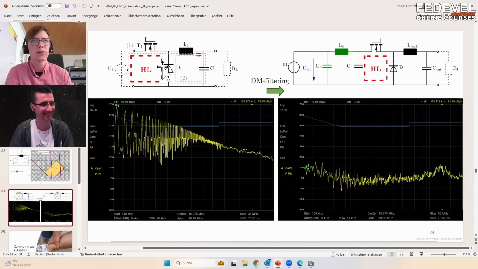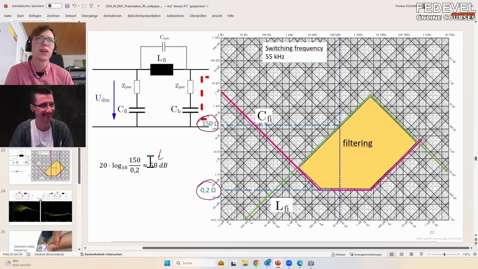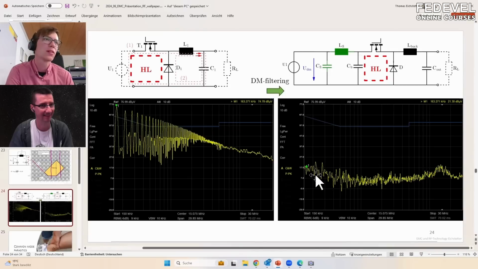So left side is without filter, and the right side is now with this filter, which we designed so far. And we actually cannot see it anymore because here we have about 75 dB. And when you now subtract this value, then you will very easily see it's about 20 somewhere.